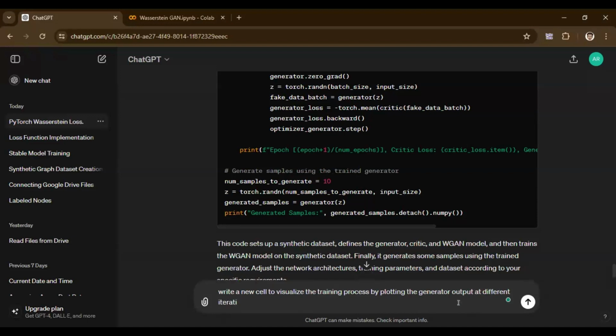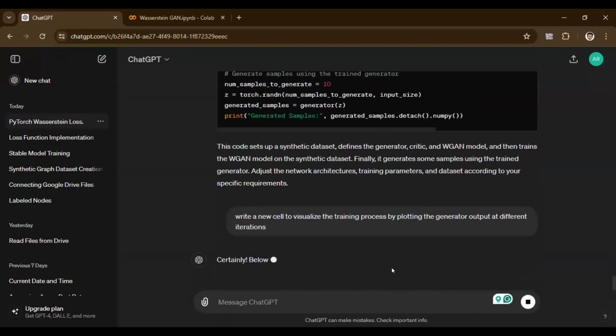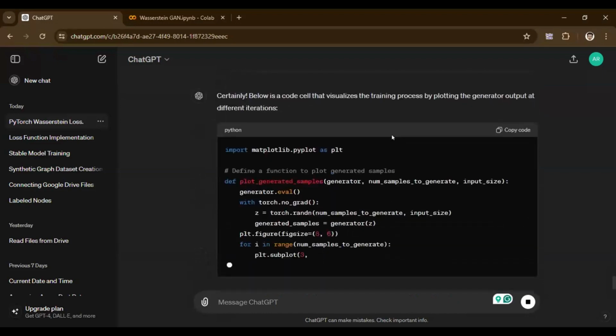So we will see if we can visualize the training process by creating a plot in each iteration. Sorry, we will try to plot it.